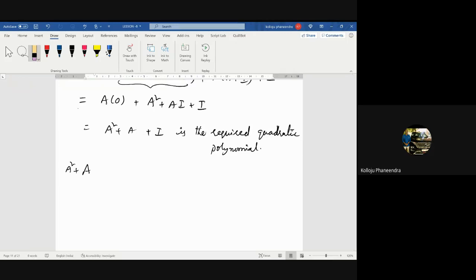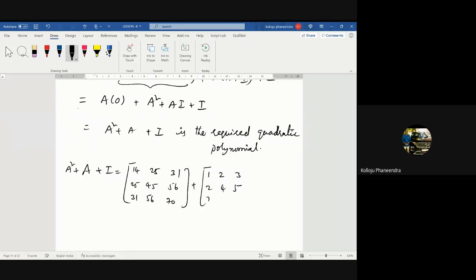No need to write this I. AI means A. A square plus A plus I. What is the A square value? [14, 25, 31; 25, 45, 56; 31, 56, 70] plus A [1, 2, 3; 2, 4, 5; 3, 5, 6] plus I [1, 0, 0; 0, 1, 0; 0, 0, 1].